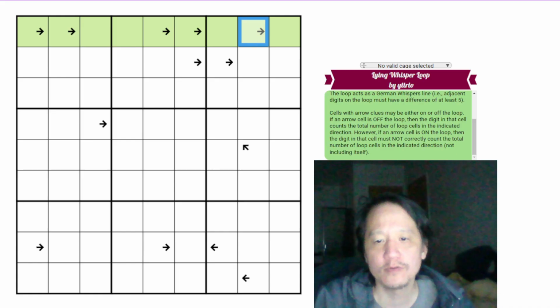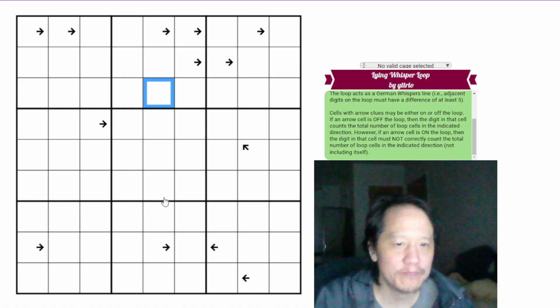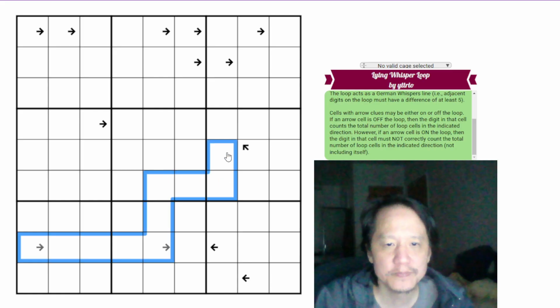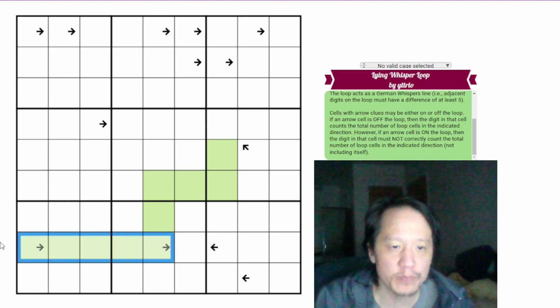Okay, so say we remove parts of this. Let's choose this cell. Since it's off the loop, it would have to count the total number of cells on the loop in this specific direction.